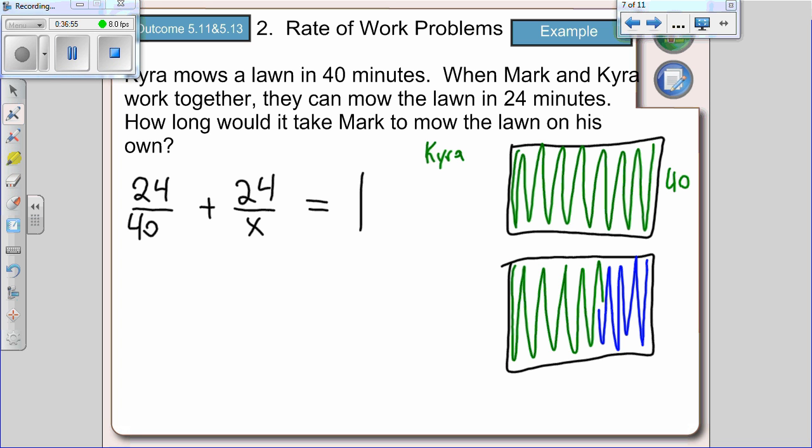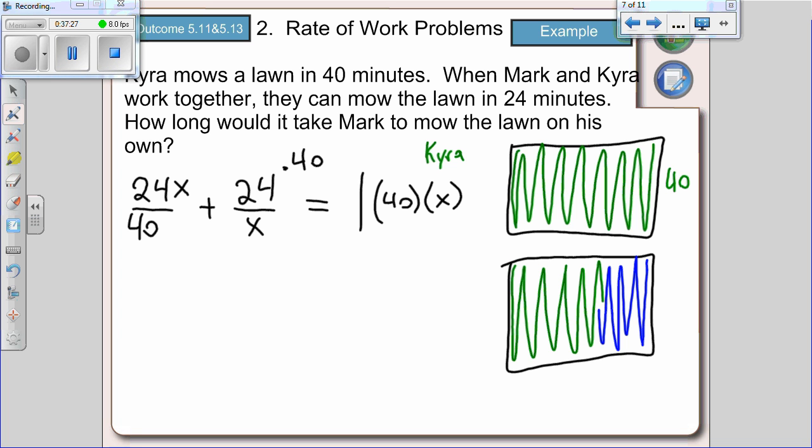Yes. Because what's your common denominator going to be? 40x. So this first one will become 24x. This next one will be 24 times 40. And the 1 will be times 40 and times x. It'll get both of them because it had nothing on the bottom. Can I erase my denominators? Yes, I can. They're all the same and there's an equal sign.